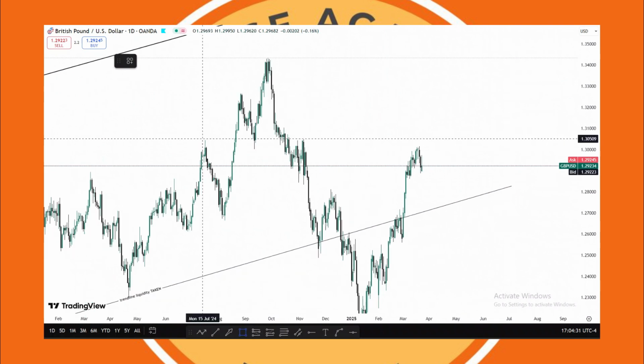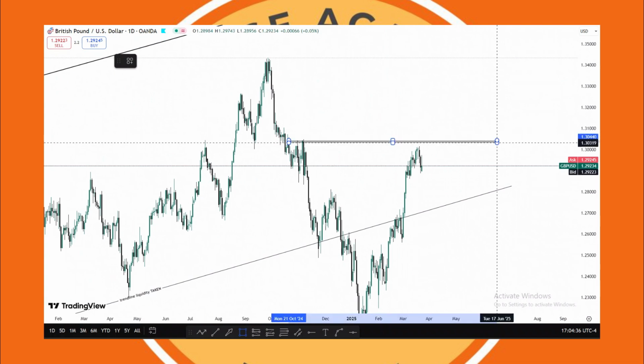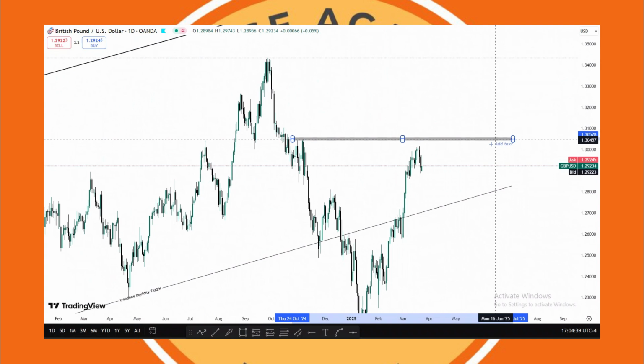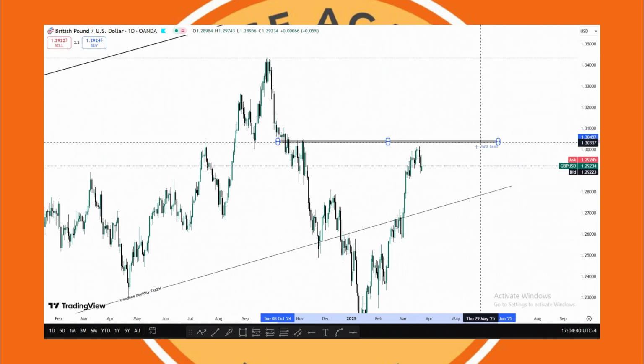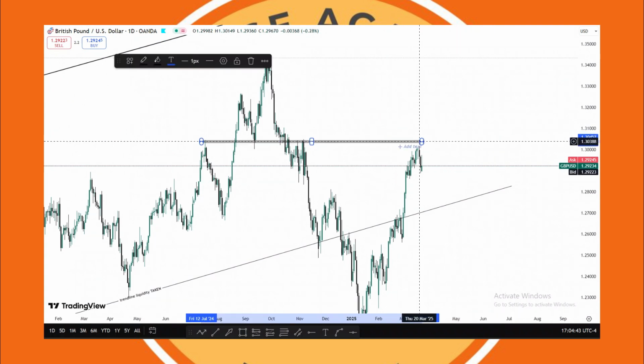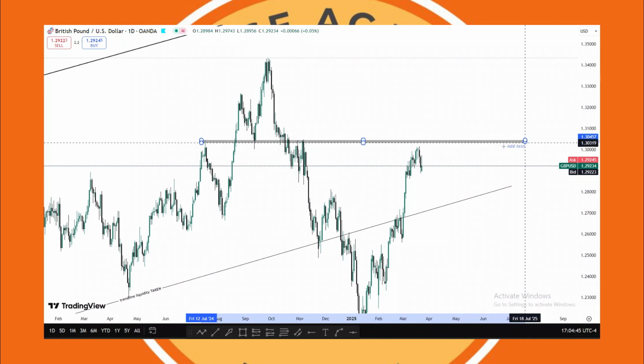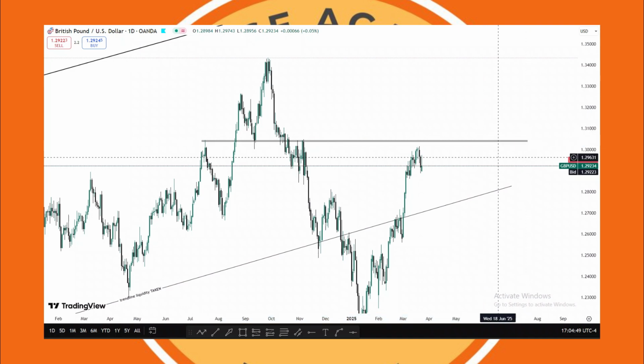Okay, let me mark important areas, which I normally do on the 4-hour time frame and the 1 hour. But I'm just going to do it here. So we have that zone.